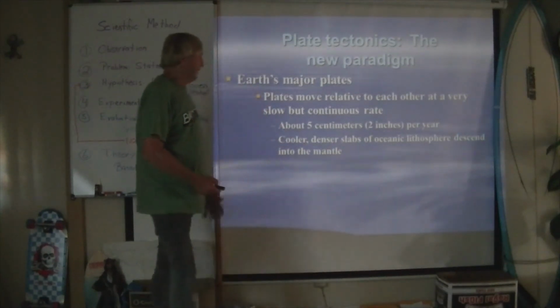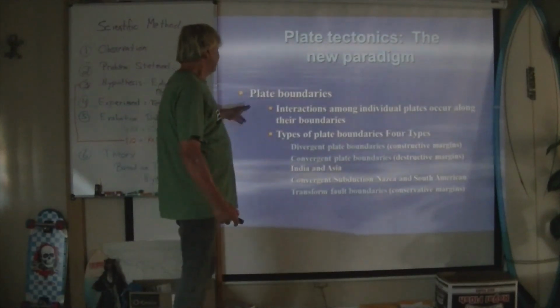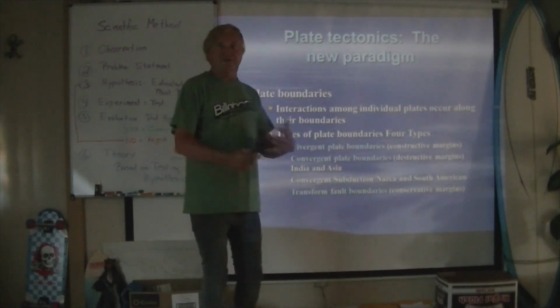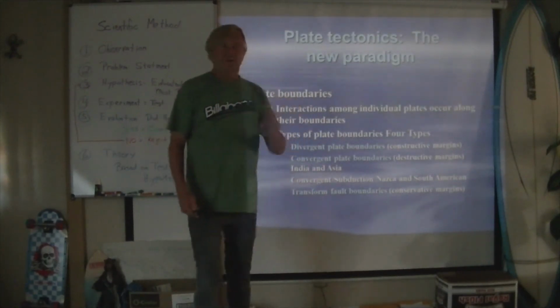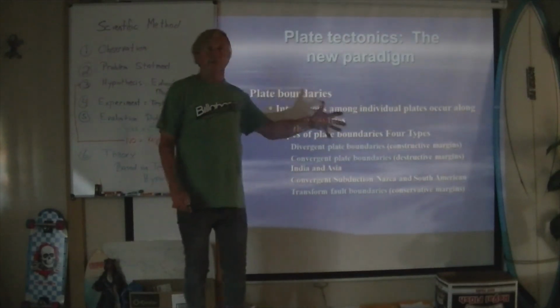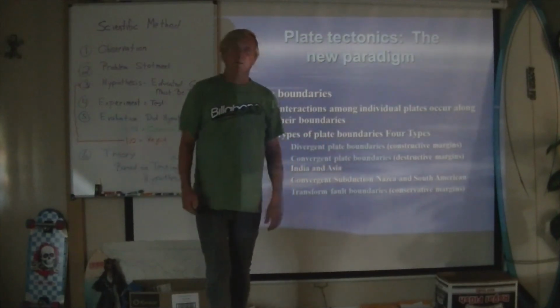It's not static. So this plate tectonics, this new paradigm, plate boundaries. There are different types of plate boundaries. And I'm going to conclude this lecture here and then pick up with the second half where I talk about the plate boundaries. So that way you don't have to watch the entire video, which gets long.